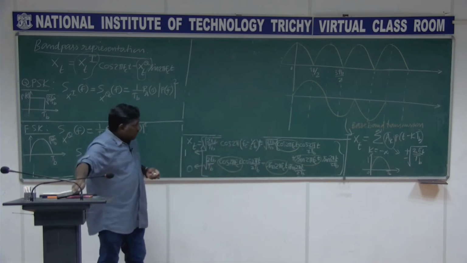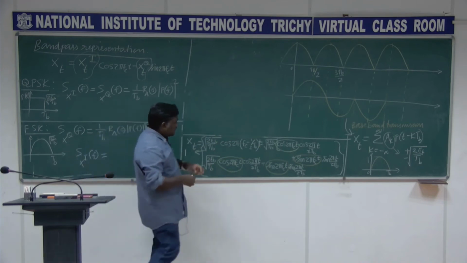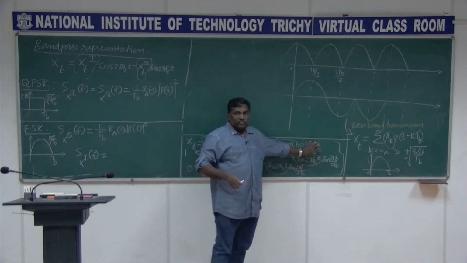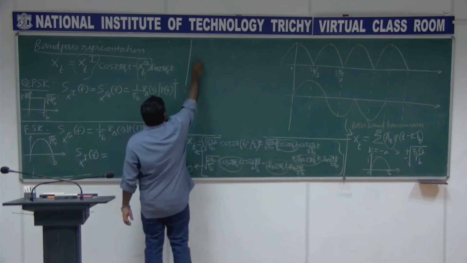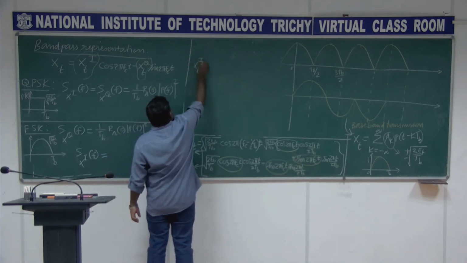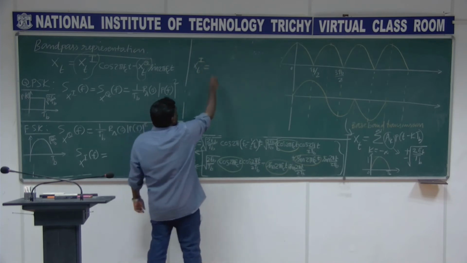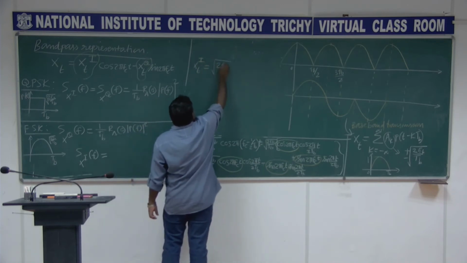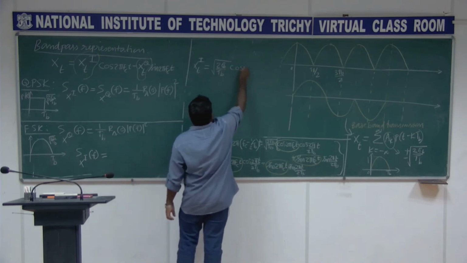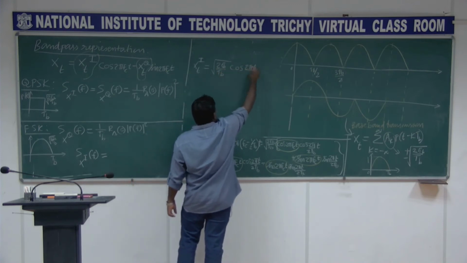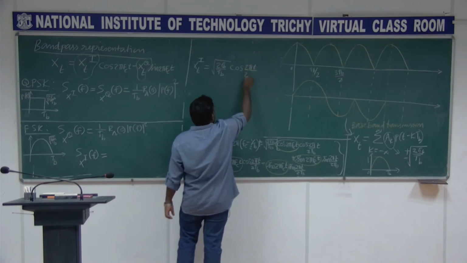Now I am going to consider the in phase component alone, XTI. XTI is this: root 2 EB by TB cos 2 pi t by 2 TB.